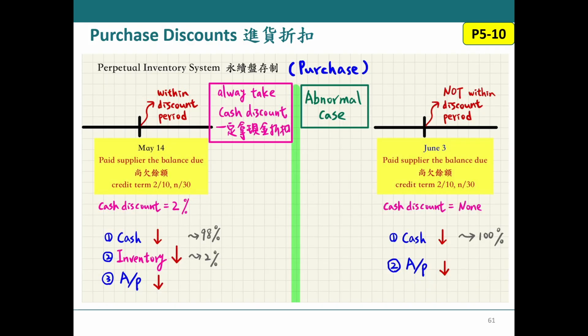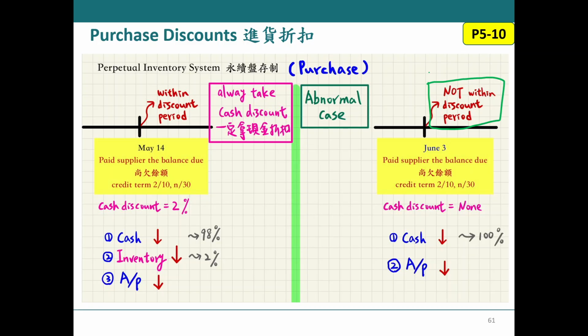What if we have an abnormal case, on your slide page 61? If your company didn't get the cash discount, your company didn't pay within the discount period, okay?